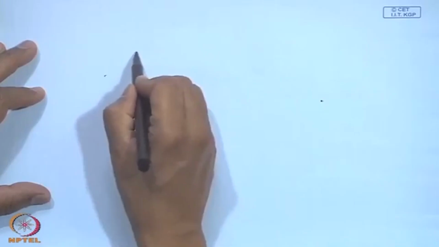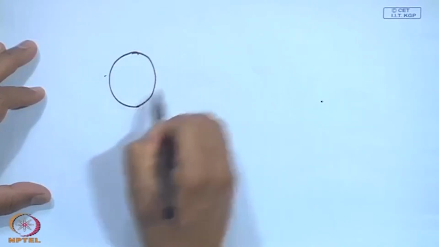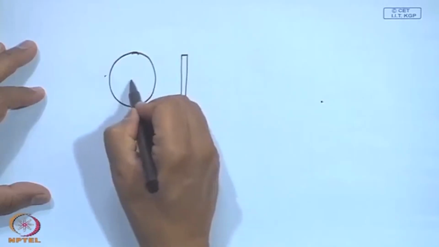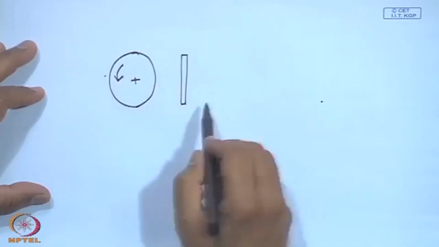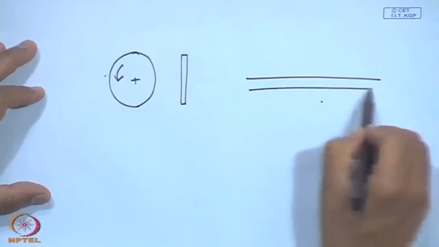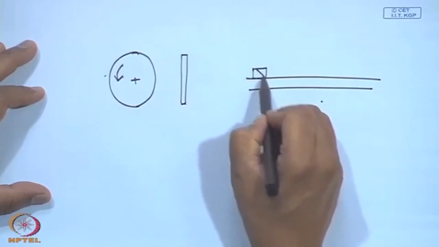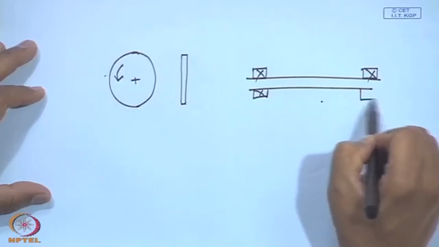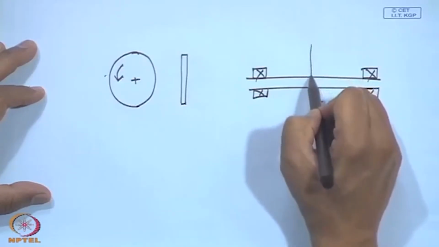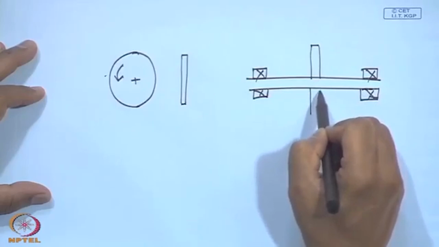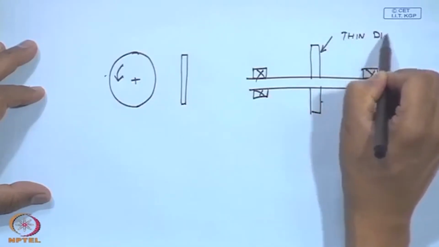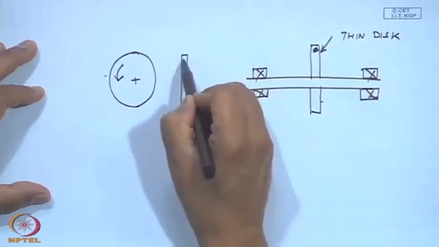Now, this disk could be thin, which is rotating about the shaft, this is a thin disk with an unbalanced mass here.